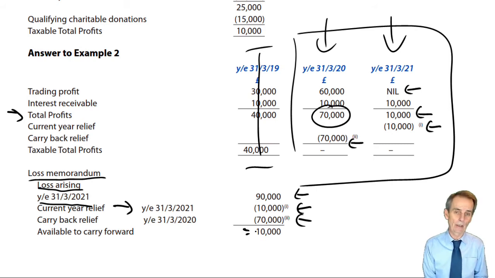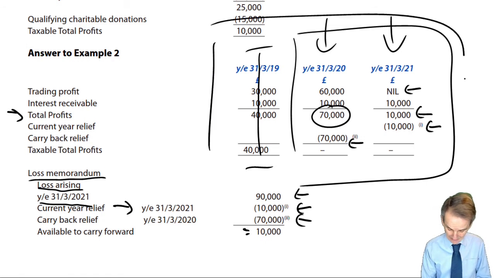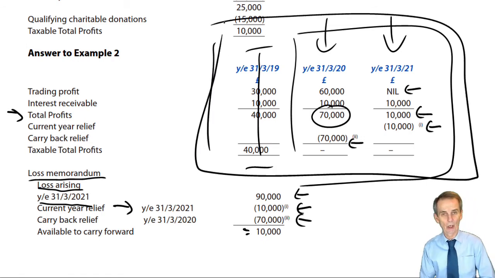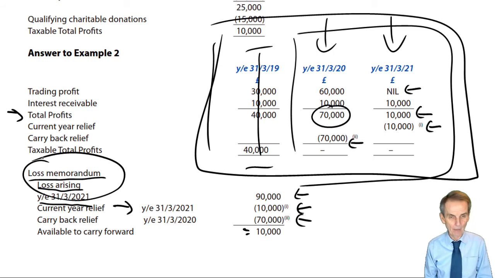And again, on a written question, you would show this loss memorandum working, as well as this working here, where you've got this columnar working for each relevant accounting period, showing where on those workings the loss has been applied against total profits. And also then the loss memorandum.